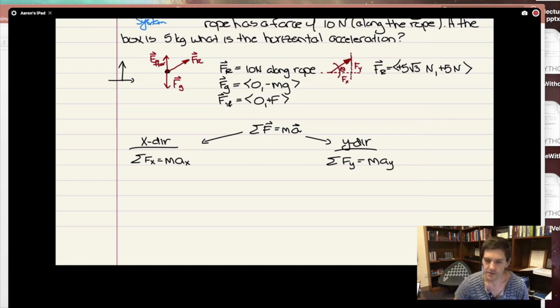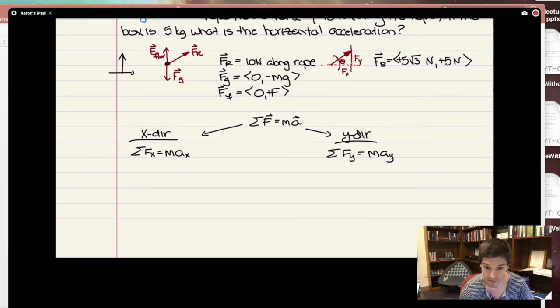So in this case, I can look at my 3 vectors for the rope, gravity, and the floor. And this sum is saying it's the x component of gravity plus the x component of the floor plus the x component of the rope equals the mass of the box times the acceleration in the x direction.